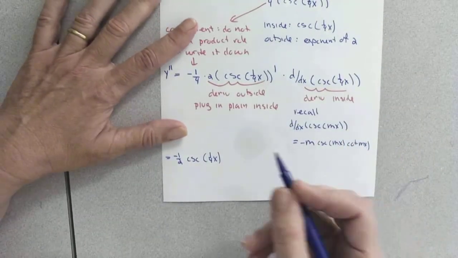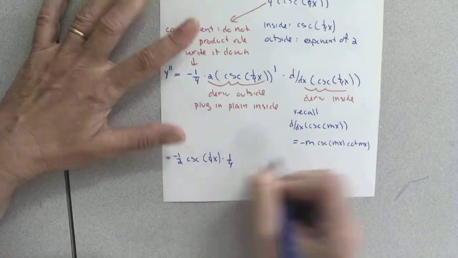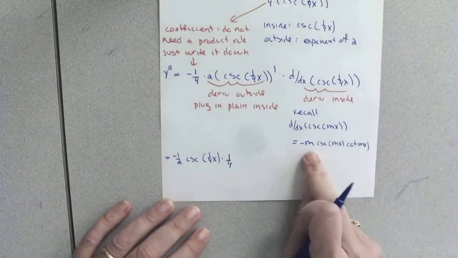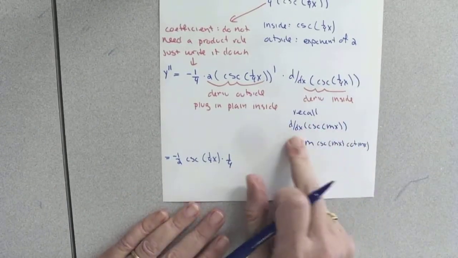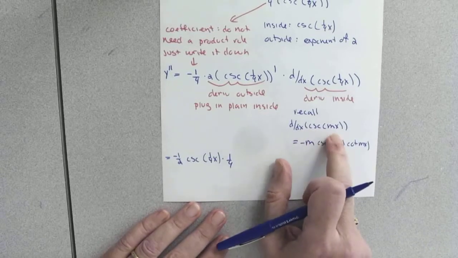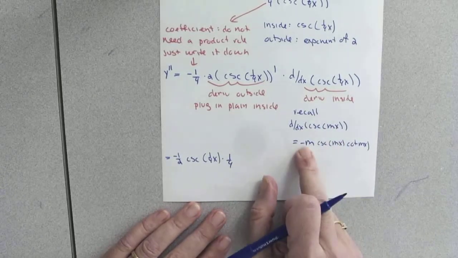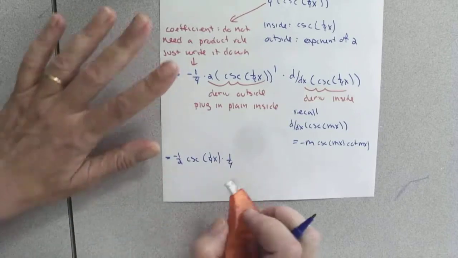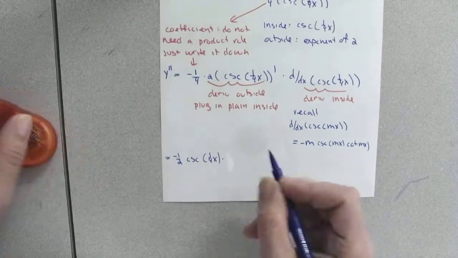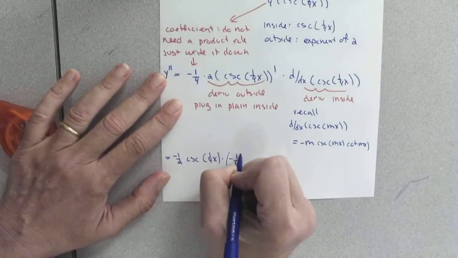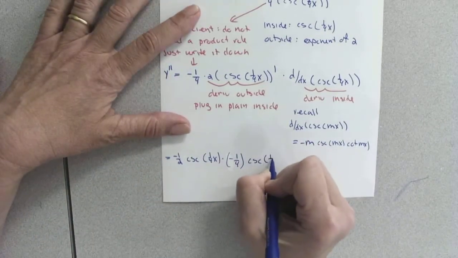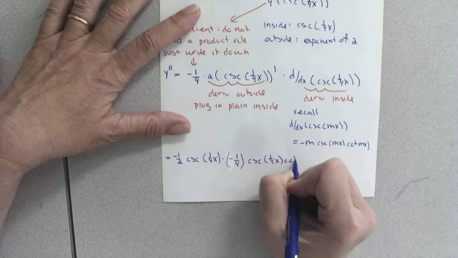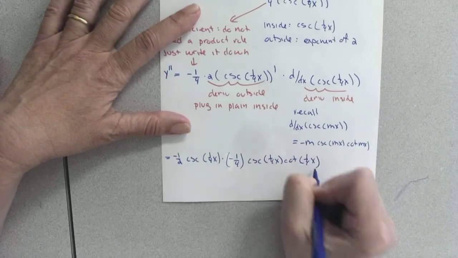Then doing my derivative on the end, the effect of that 1/4 will be to multiply by it. So cosecant 1/4 x, the rule we're using, derivative of cosecant mx is negative, and I forgot the negative sign there. So let's put the negative in there. Negative 1/4 cosecant 1/4 x, cotangent 1/4 x.